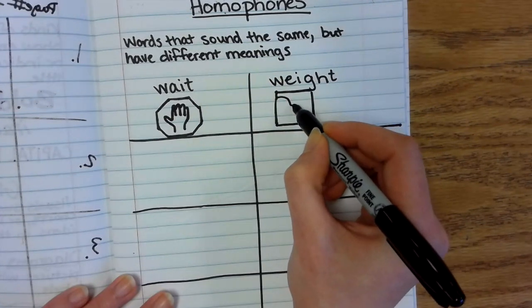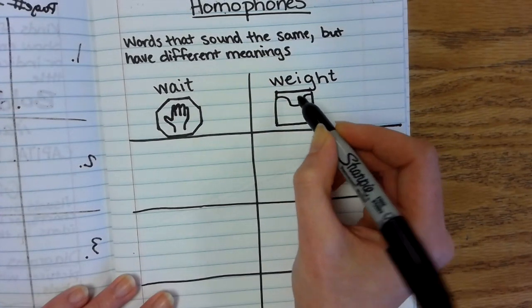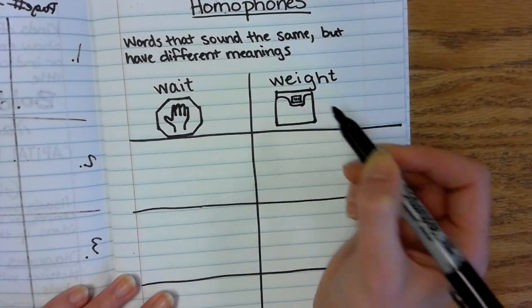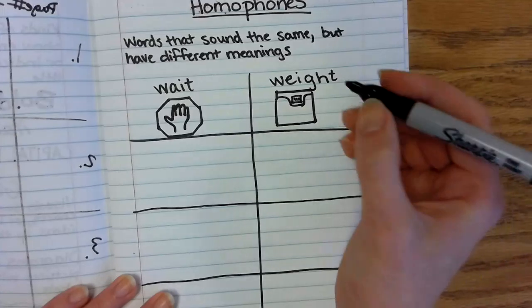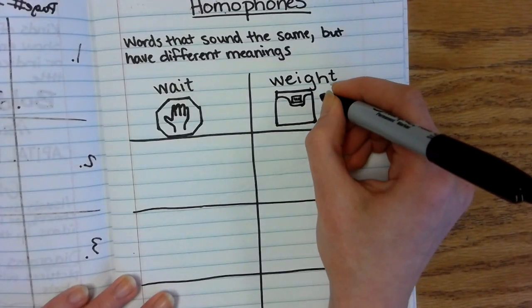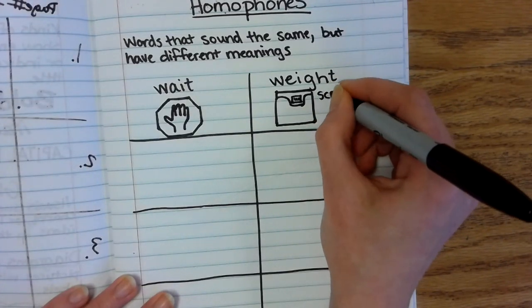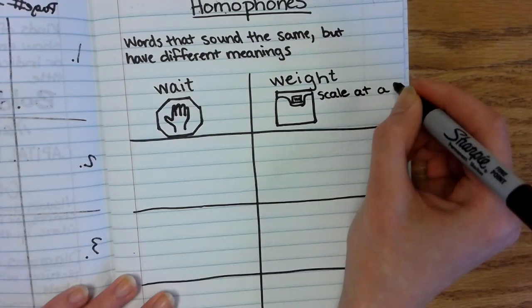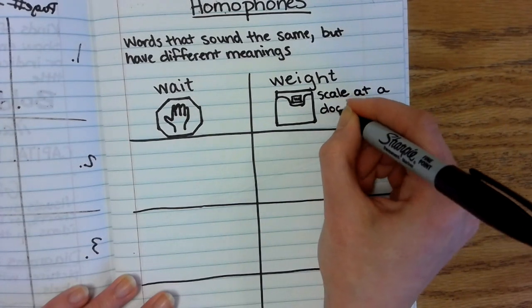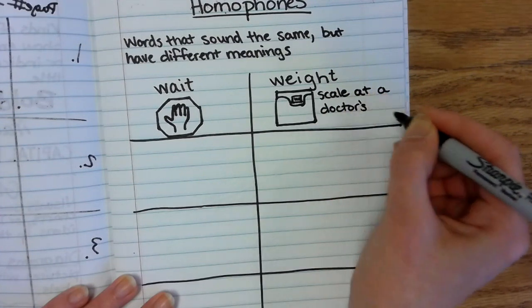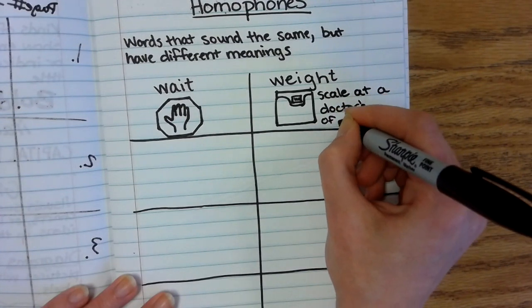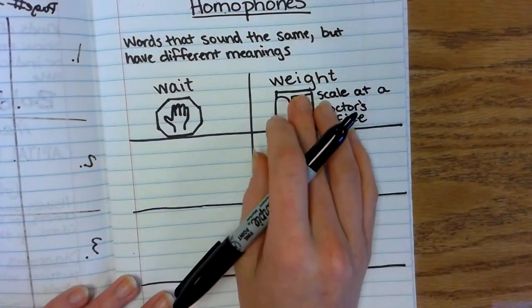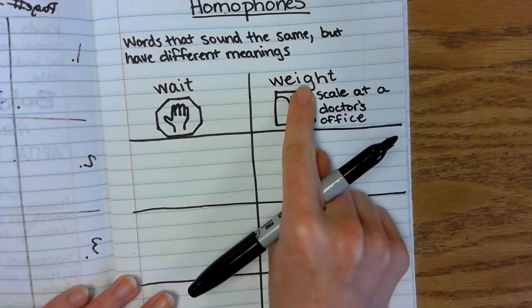Maybe it'll have a little design at the top, and this is where it's going to tell you the numbers. And I'll describe it over here. Scale at a doctor's office. Or maybe your parents have one in the bathroom. There's all different kinds of scales that can check your weight.